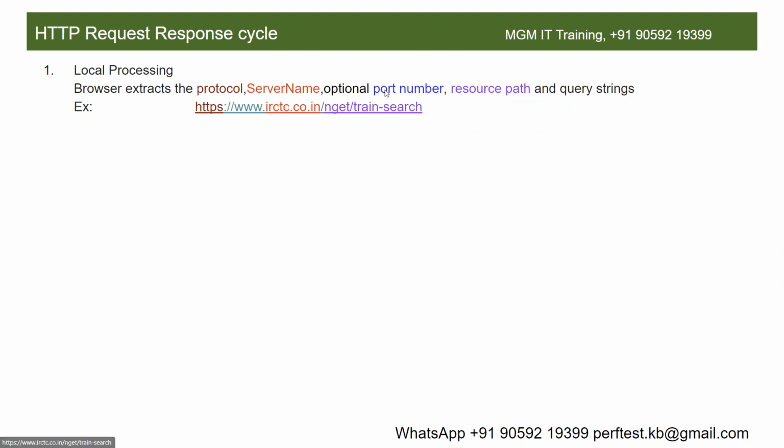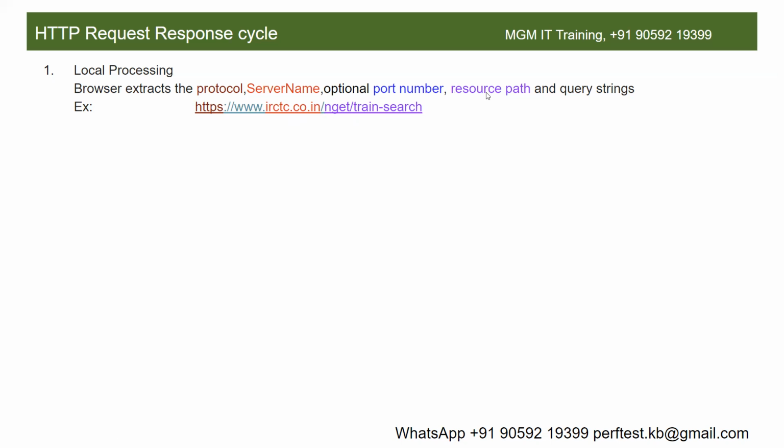The port number is optional, and here we don't have one. Resource path means where this page is located, and the part after the server name is called the resource path in this request.